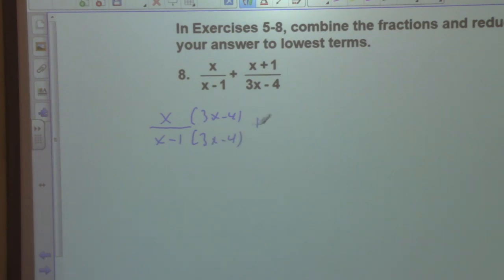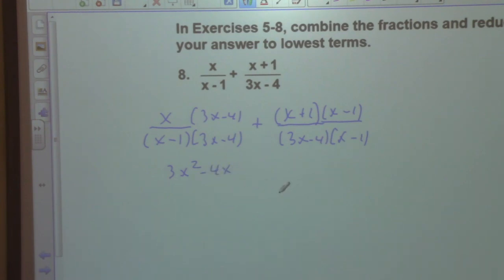And then we have plus, and then multiply both of those by x minus 1. And then we have to do this too, right? Yeah. They're going to distribute the x on top and get 3x squared minus 4x.